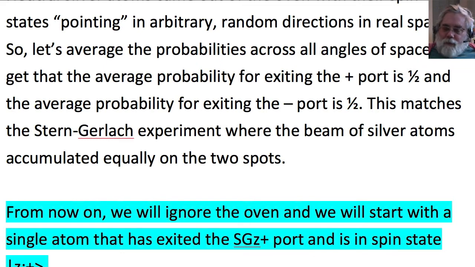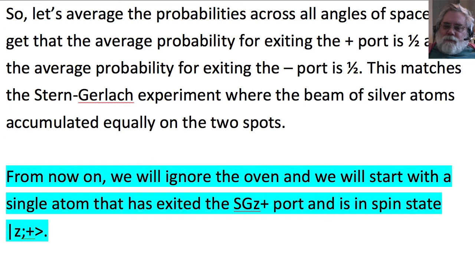Not exactly 1/2. There will be statistical fluctuations, but the more atoms we feed through and detect, the closer the experimentally measured probability will get to a number of 1/2.